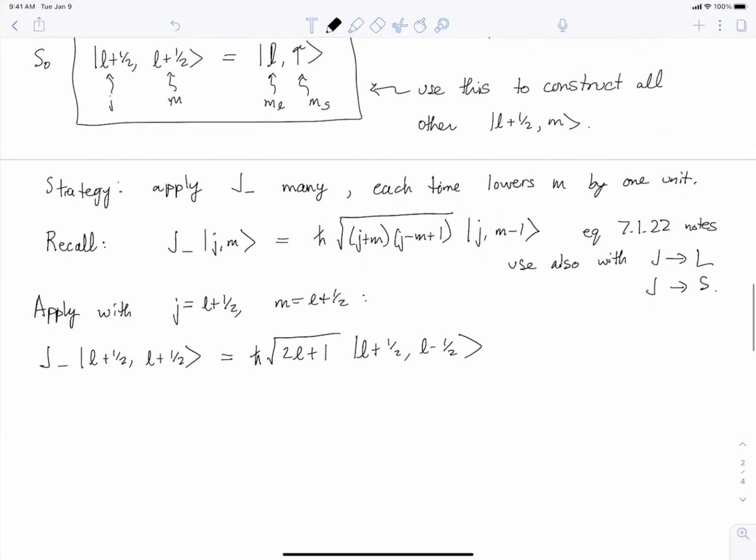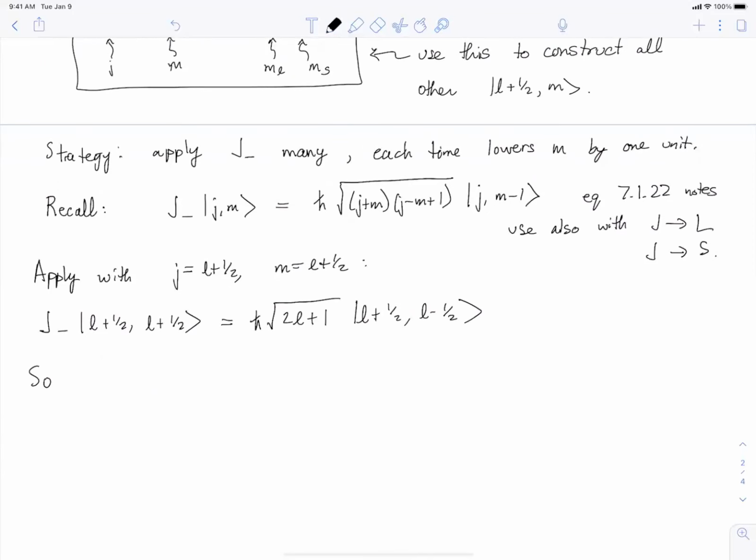And so now the thing is that this is the thing we want to find, and this is the thing we know. So we're going to rewrite this equation as |L plus 1/2, L minus 1/2> is equal to 1 over h bar square root of 2L plus 1.